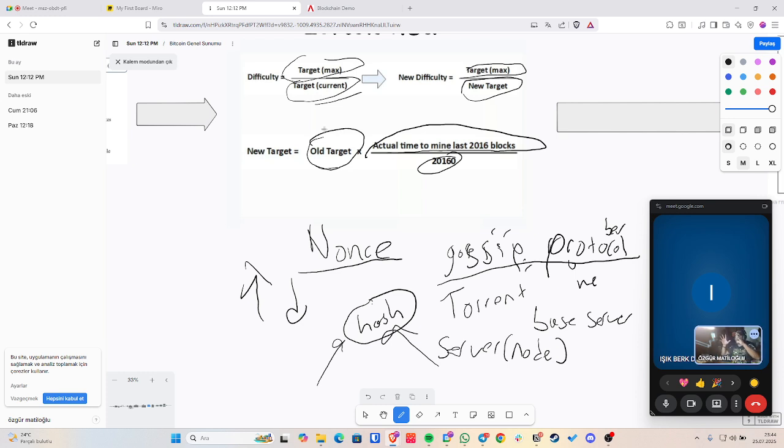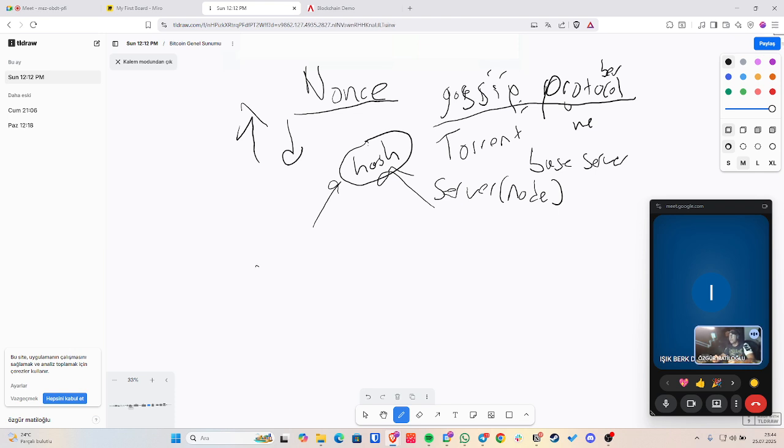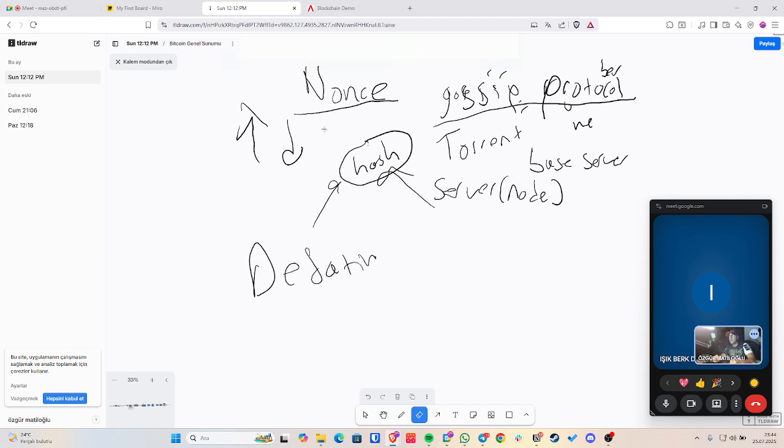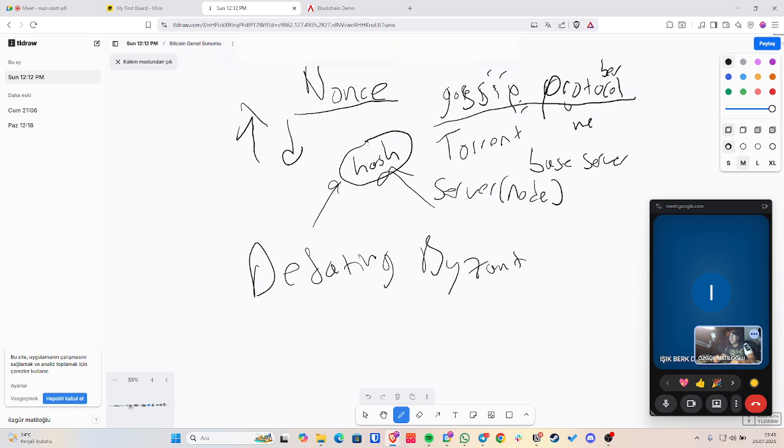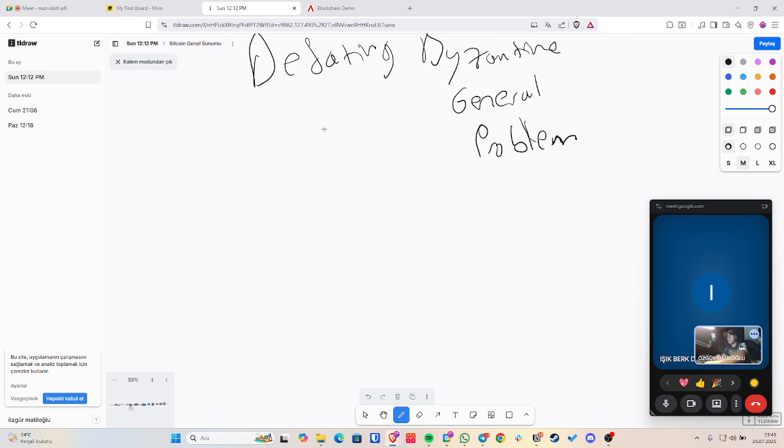So by gossip, we control the whole consensus mechanism, proof of work, mining ecosystem, and by that we are defeating the Byzantine general problem.